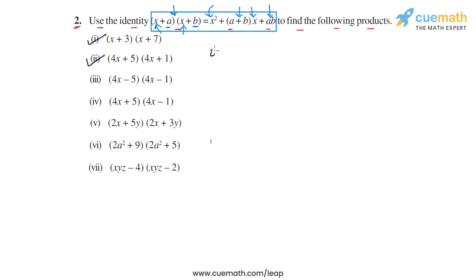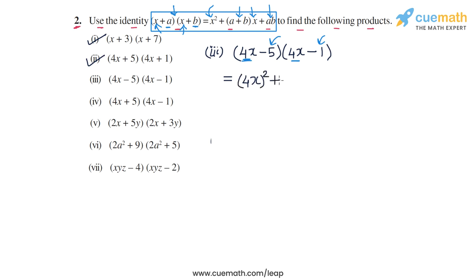Next we come to part 3, in which the product we have to calculate is (4x - 5)(4x - 1). So in this product, in the two binomials, the common term is 4x, and the non-common terms are minus 5 and minus 1. So let's apply the identity now. We take the square of the common term, so (4x)².